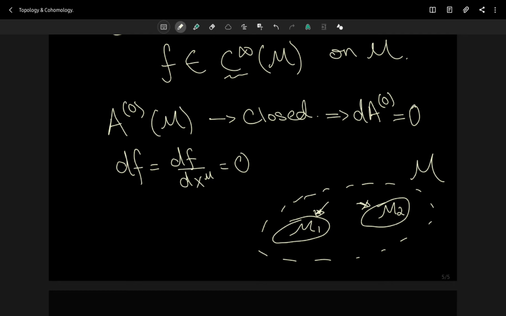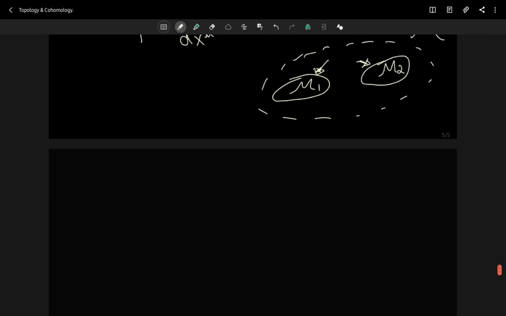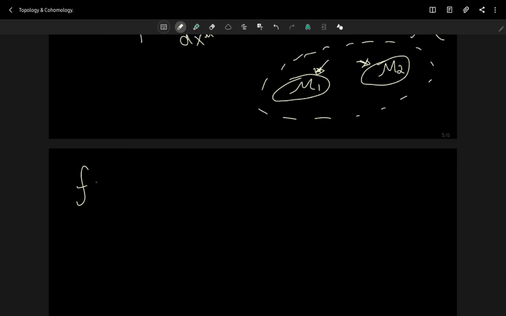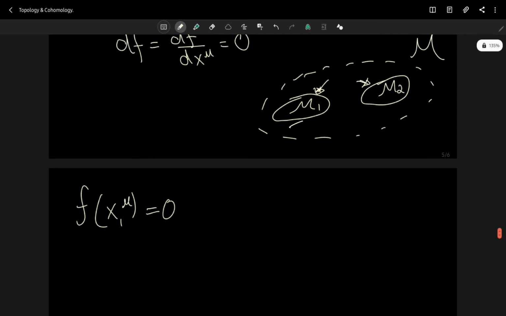What I mean by this is, for example, it may be that your f of x1 mu is 0 on this piece, and if you compute your f of x2 mu, which is on this one, that could be, for example, 1. So it does not have to be the same on these two disconnected pieces.